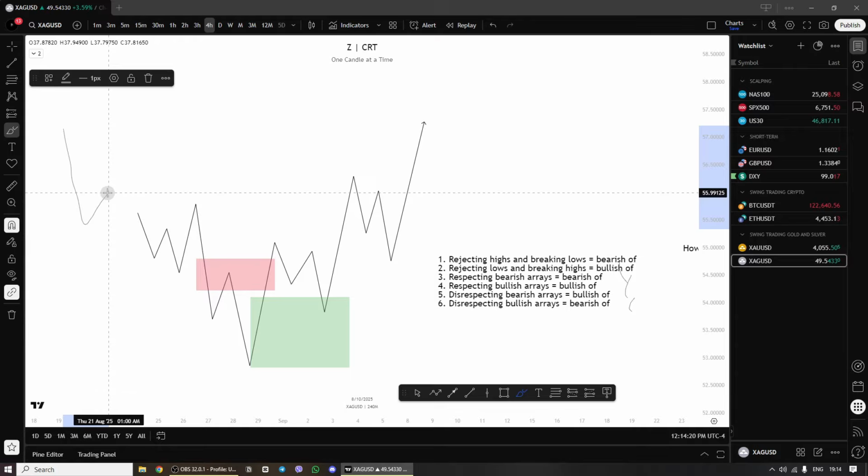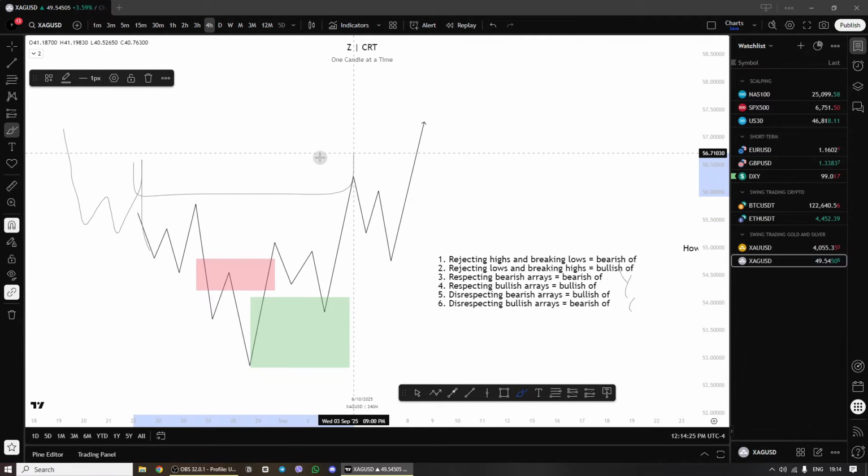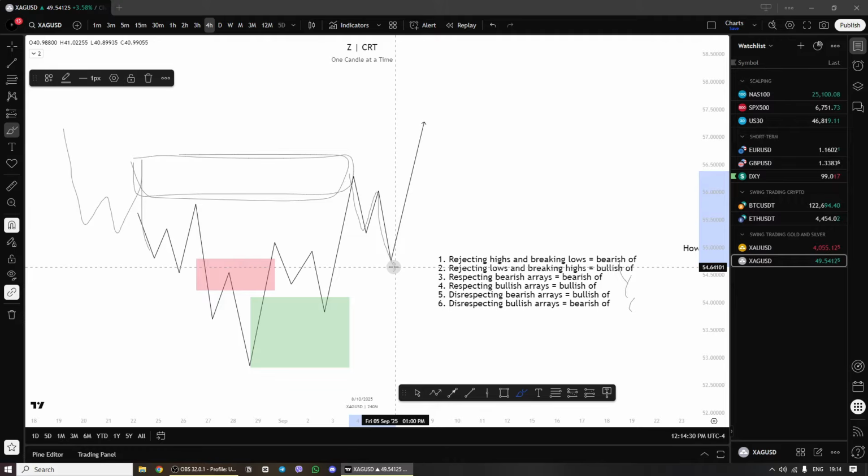And right here in this leg the same thing will happen. Imagine you have another leg here where you have a PDA, let's say this is an OB. You get a retracement into a bullish array. So if we are truly bullish, this falling down into another key level will only be a retracement.